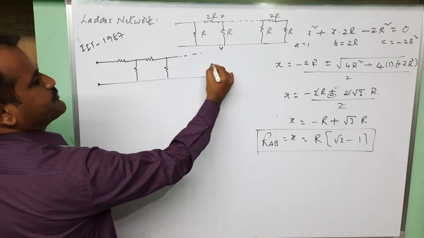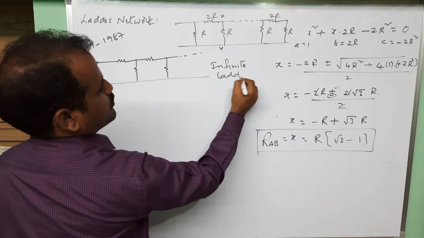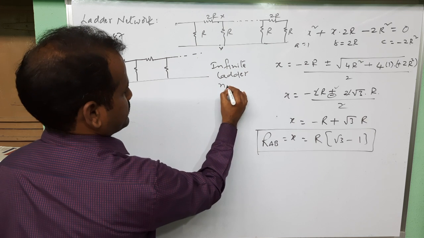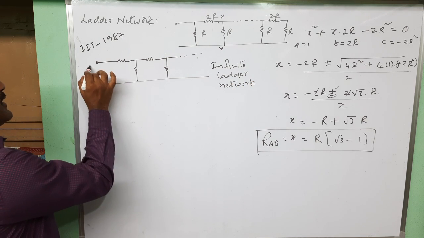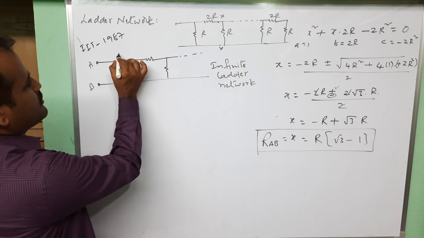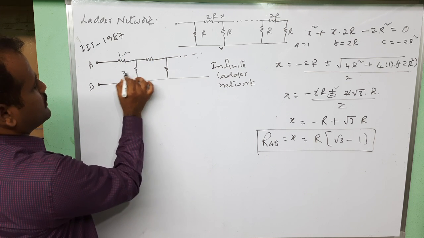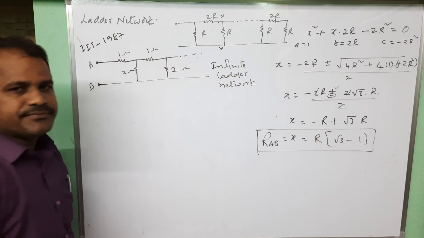He has specified in the question an infinite ladder network. We need to find the equivalent resistance across these two terminals. The resistance values he has given are 1 ohm, 2 ohm, here 1 ohm, here 2 ohm, like this.